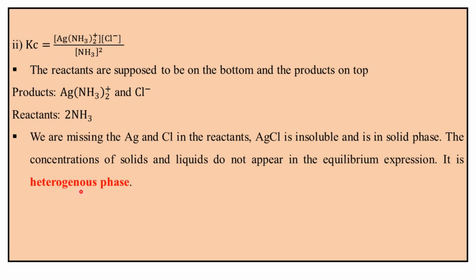That means that we have a heterogeneous phase, because the reactant and the product are in different phases. So that is how the reaction is: silver chloride in solid state, plus ammonia in aqueous state, gives the product, this complex plus.